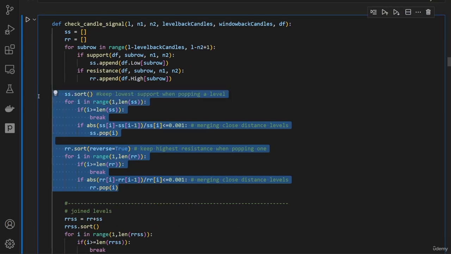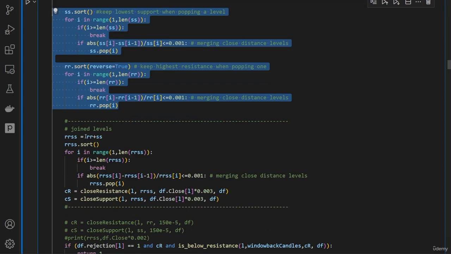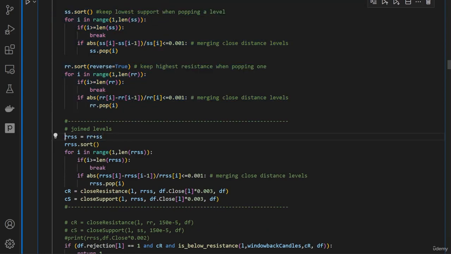So now the levels are merged for support and resistance lists. We can join these two lists into one list that has both the resistance and support levels. We don't have to do this step. You can keep them separated and do your study using two separate lists. But I considered that sometimes the same support or resistance level will play both roles.